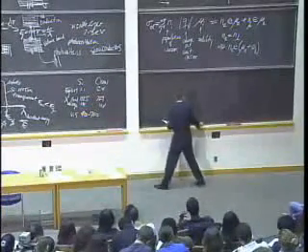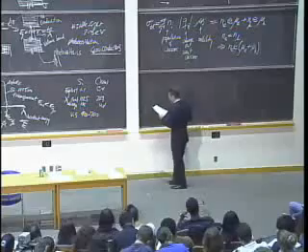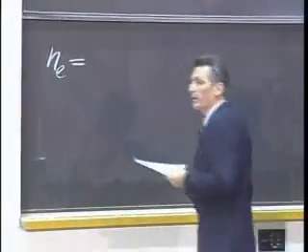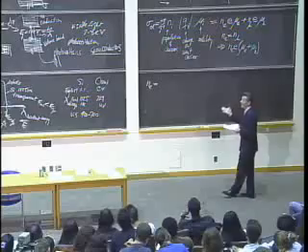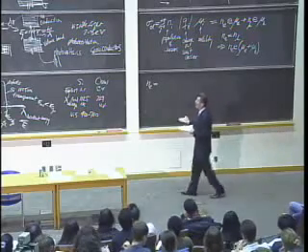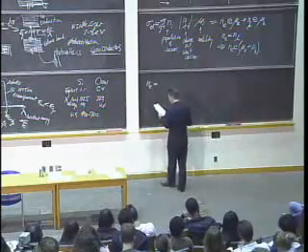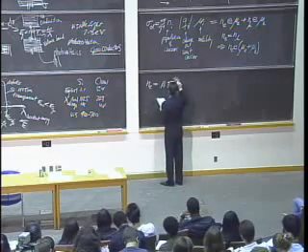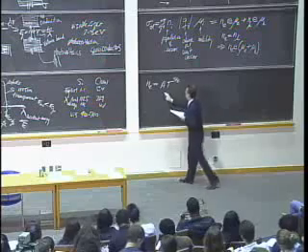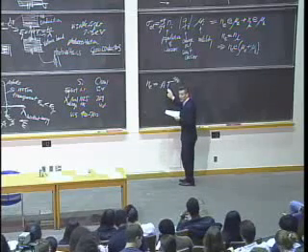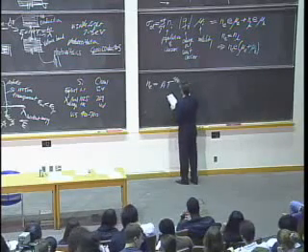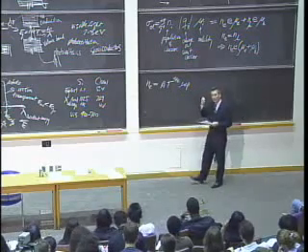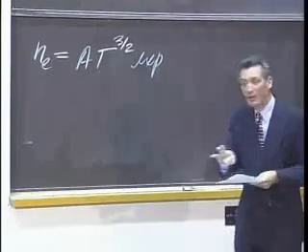Now I'm going to show you an equation that we're not going to derive from first principles, but from the more elaborate form of quantum mechanics, allows us to estimate the number of electrons that have been thermally excited in a crystal. And it looks like this. It's got a prefactor times absolute temperature to the 3/2, and an exponential that has a ratio of the binding energy and the disruptive energy.